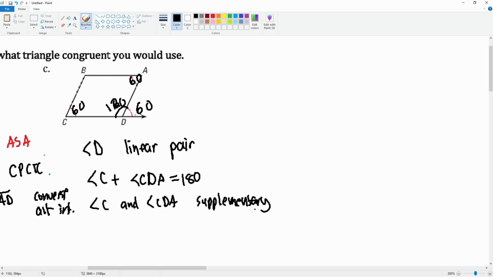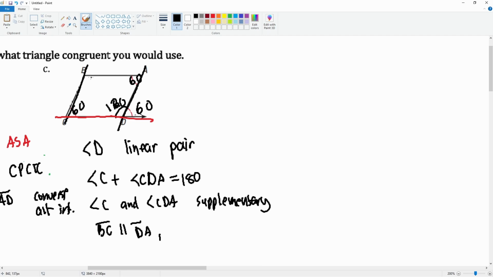And then since it's supplementary, therefore, this is the transversal, so you can get BC is parallel to DA.